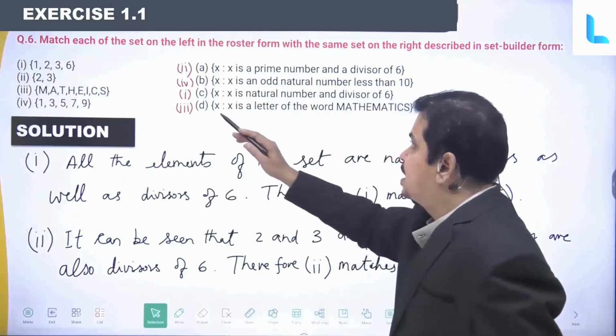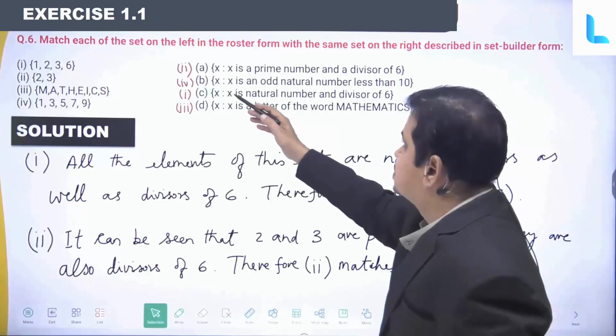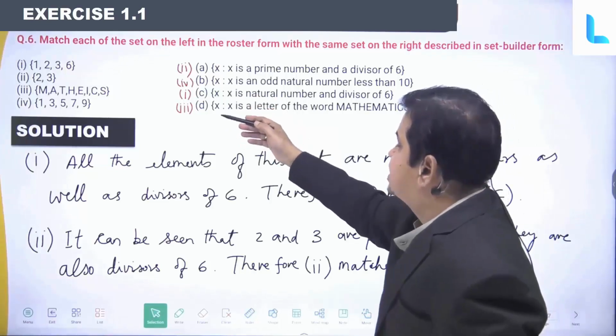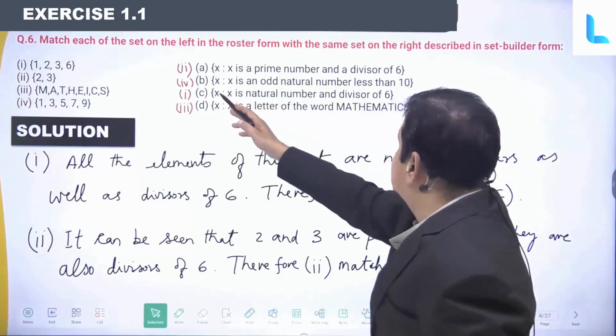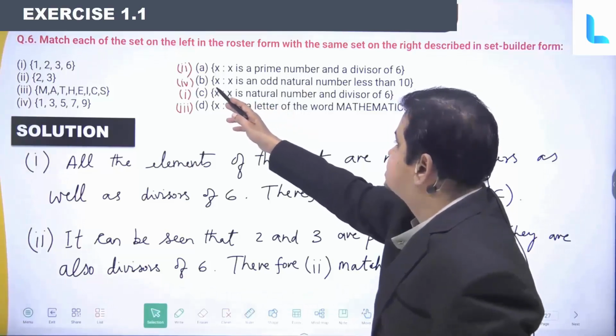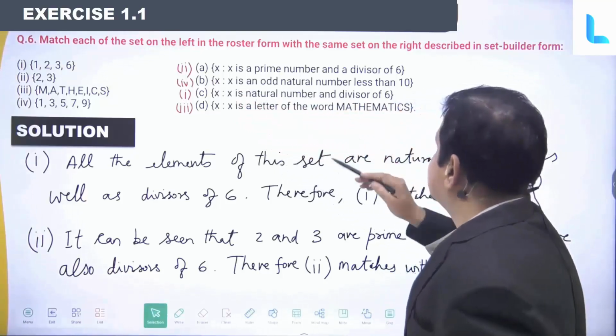This clearly matches with what we have noted on the left hand side, a set containing elements 2, 3. Now if you observe clearly and check the other items on the right hand side, in item number B you can see a set of all x such that x is an odd natural number less than 10.